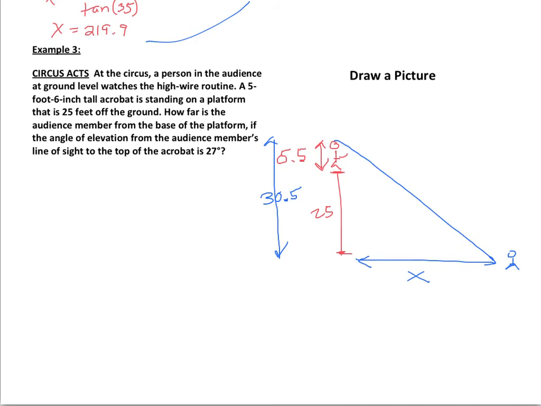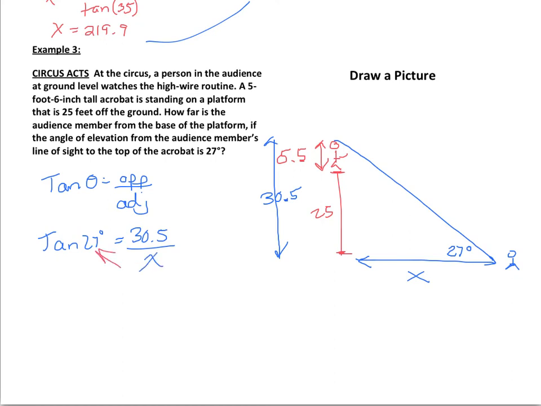Well, from the perspective of this angle of elevation, which we're told is 27 degrees, we've got the opposite, we have the adjacent, and we have tangent. So tangent of theta equals opposite over adjacent, and tangent of 27 degrees equals the opposite to the top of the acrobat's head, which is 30.5, divided by x, that distance we're looking for.